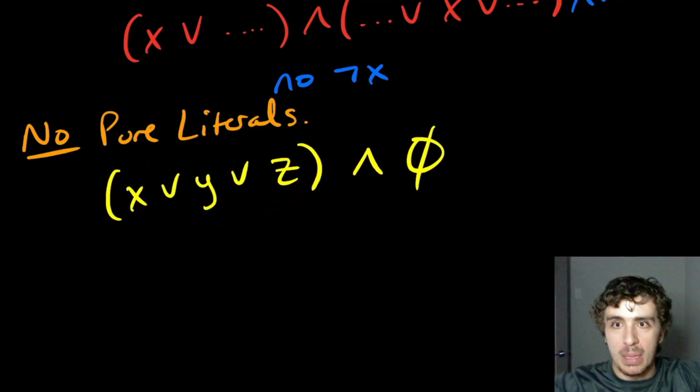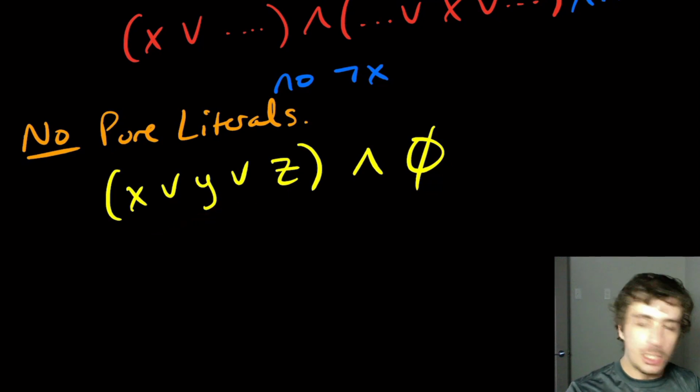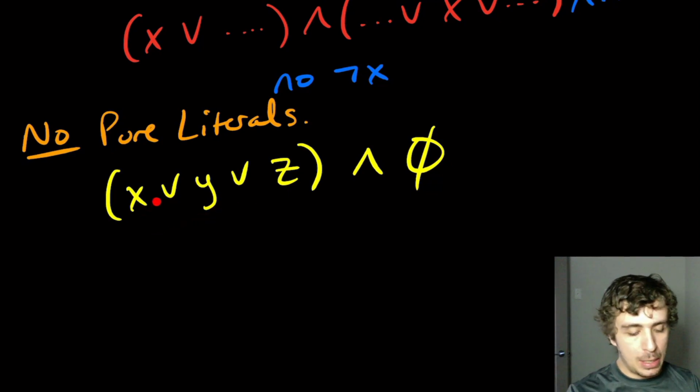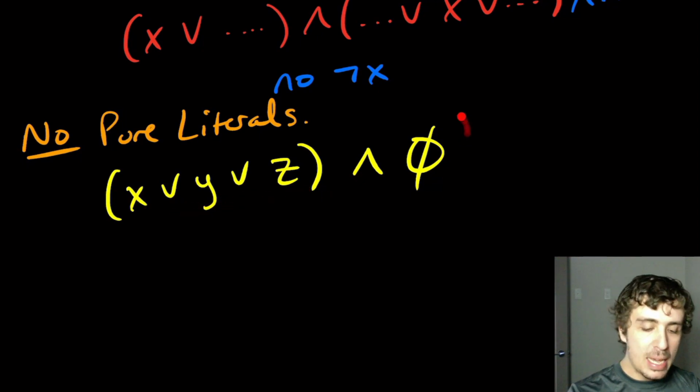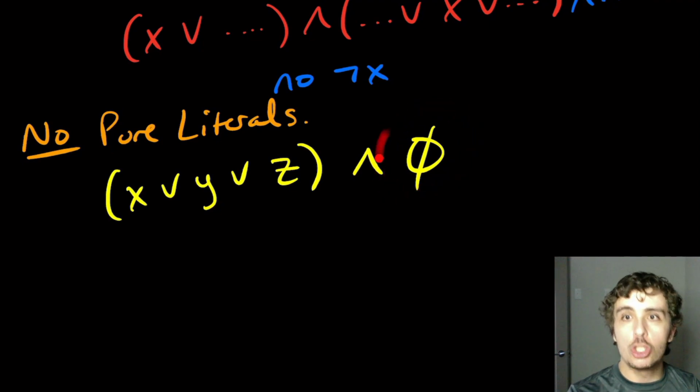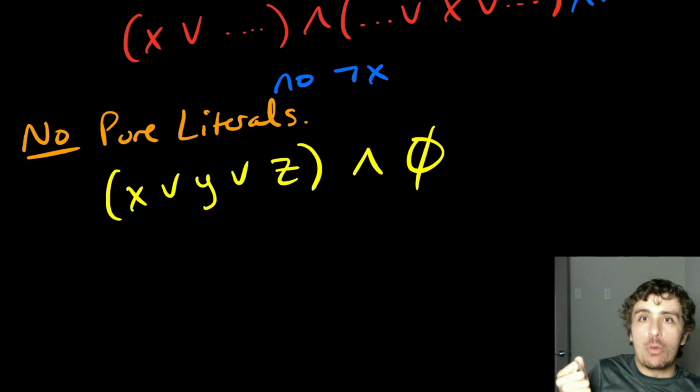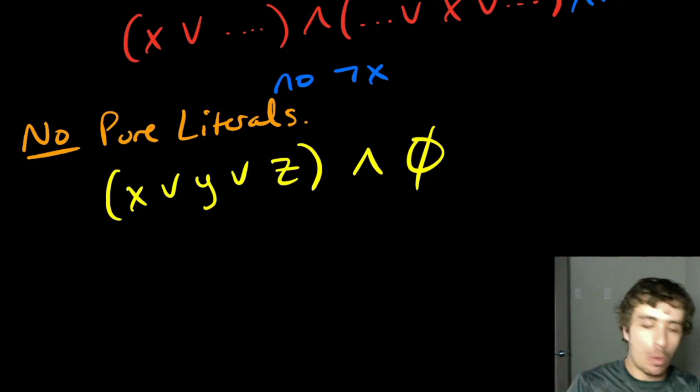We can make the formula even simpler. But let's just handle the generic case, where we have x here, x is not repeated in here, which means since there's no pure literal, there must be a negated version of x somewhere in here. Okay, so let's extract that one clause and then see what we can do with it.